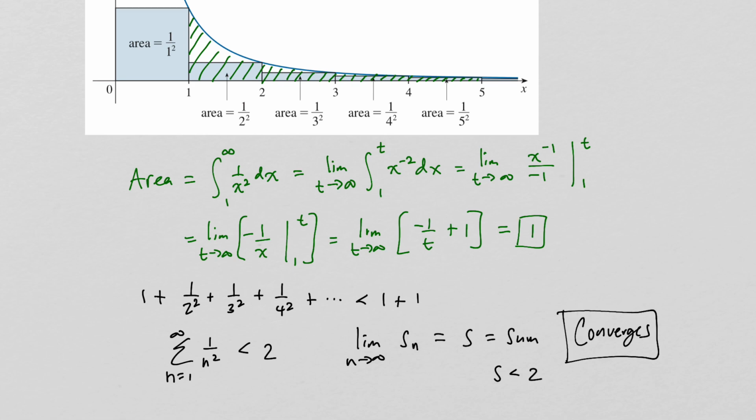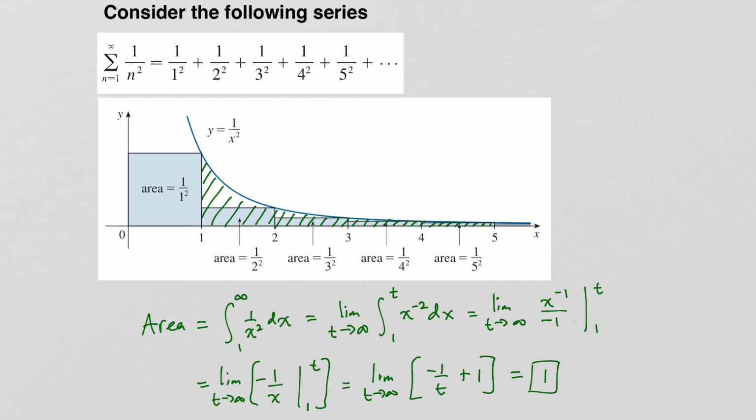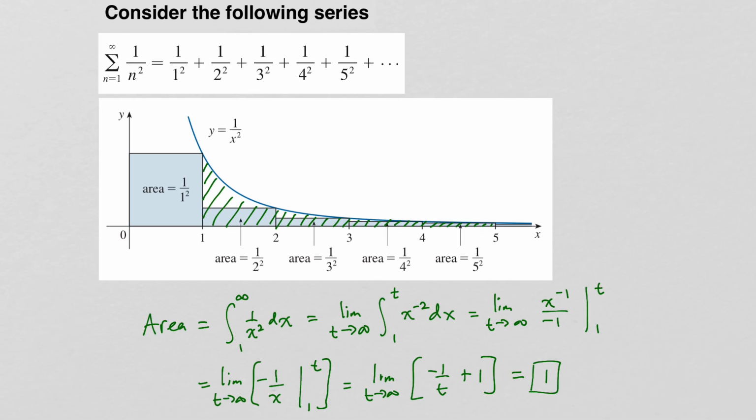So what I want you to understand from all of this is that there is a link between the sum of the series from 1 to infinity of 1 over n squared and the integral from 1 to infinity of 1 over x squared. And the relationship is both of these converge.